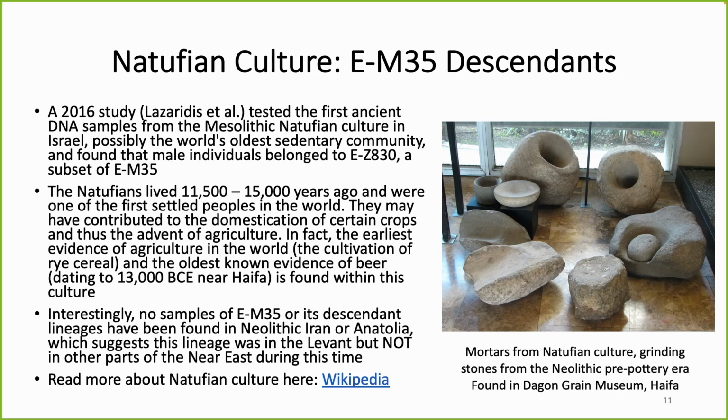So the northern extent of the EM35 branch was the Levant, in Israel. They didn't extend into Iran or up north into the Caucasus. They were definitely living in Israel 10 to 15,000 years ago, but they didn't extend much further out in the Near East, which is very interesting. It differs a lot from other lines. But it's really cool that we know there was a Natufian culture and that EM123 is also a descendant of EZ830.